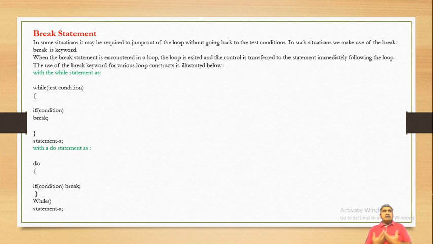We can use this break statement in a while statement, a do statement, or a for loop, anywhere we have to terminate the loop, so that the execution of the program jumps out of the loop without going back to test the condition.